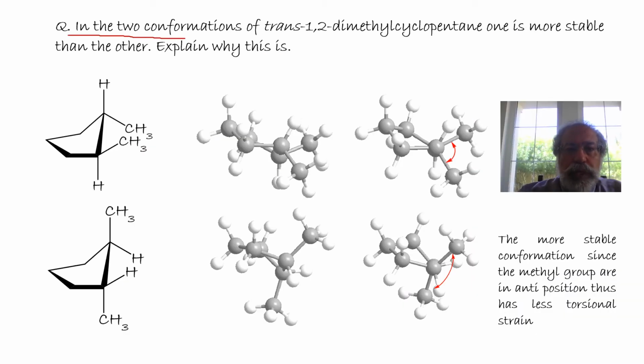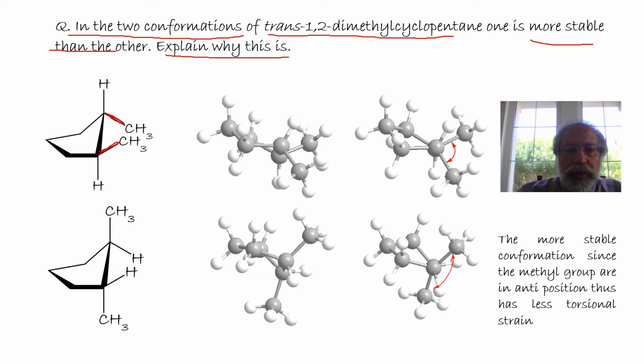In the two conformations of trans-1,2-dimethylcyclopentane, one is more stable than the other. Explain why. If you look at this structure, CH3 is up, CH3 is down, right?